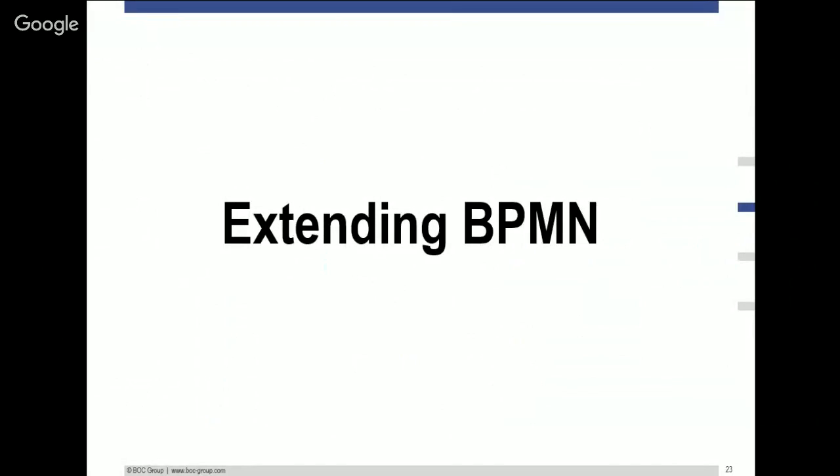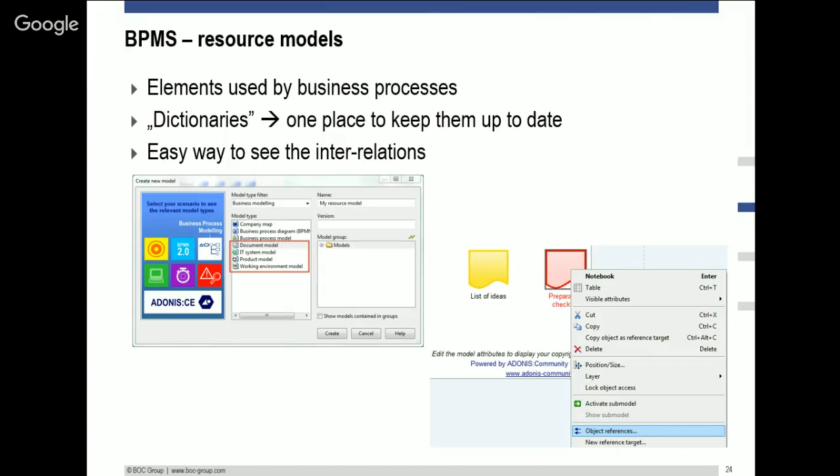One more thing about extending BPMN. Apart from adding more elements of more sophistication from the BPMN palette, you could also extend your BPMN in Adonis by linking it with other processes and with other resources.